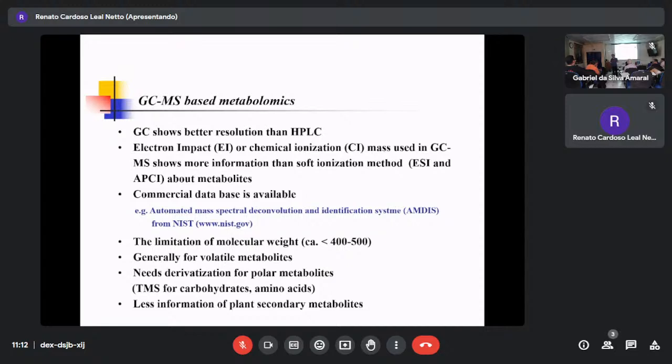To make those compounds volatile, we use TMS derivatization. Why do we use TMS? Because it's the easiest, simplest method, and reproducibility is very nice. There are hundreds of derivatization methods, such as methylation and others.